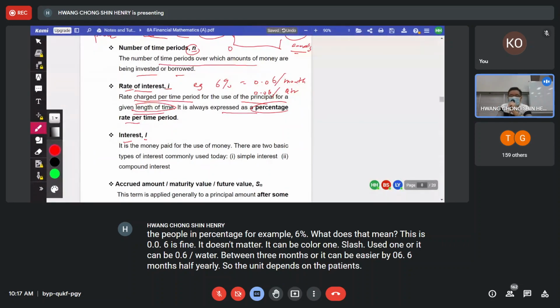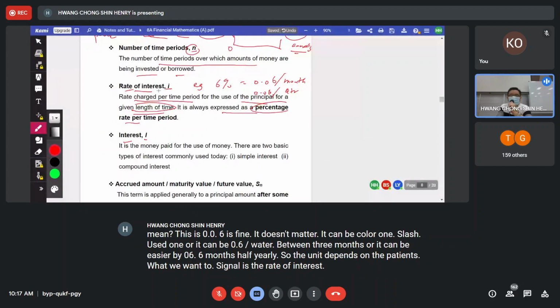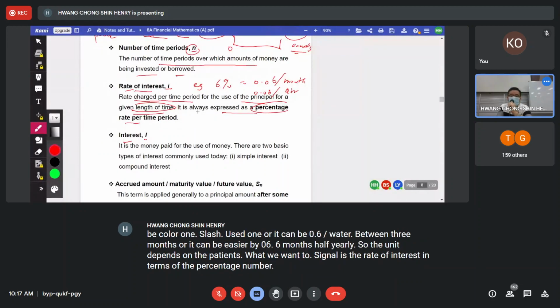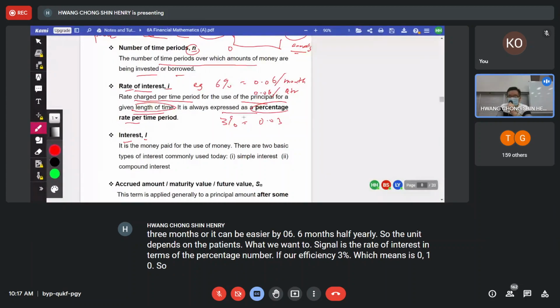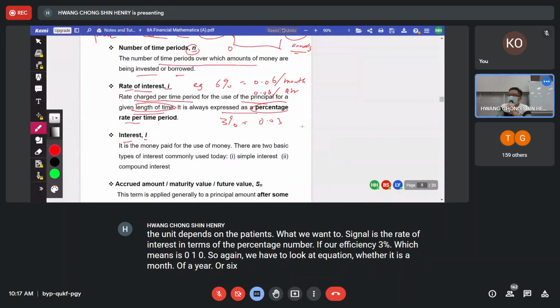What we want to take note of is the rate of interest in terms of the percentage number. If the question says 3%, which means it's 0.03. So again, you have to look at the question, whether it is per month, or per year, or per 6 months, and so on.